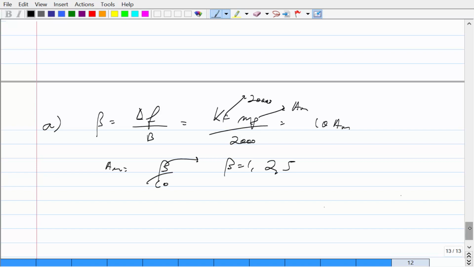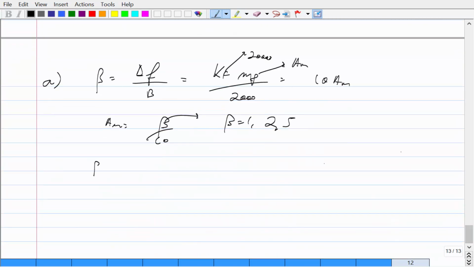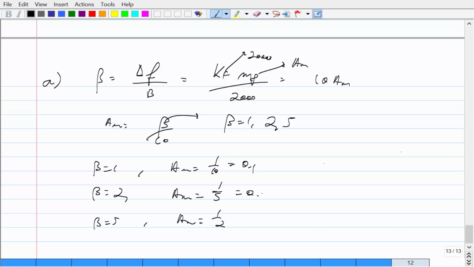For beta equal to 1, A_M is 1 over 10. For beta equal to 2, A_M is 2 over 10, or 1 over 5. And for beta equal to 5, the amplitude is a half. In floating point numbers, that's 0.1, 0.2, and 0.5.